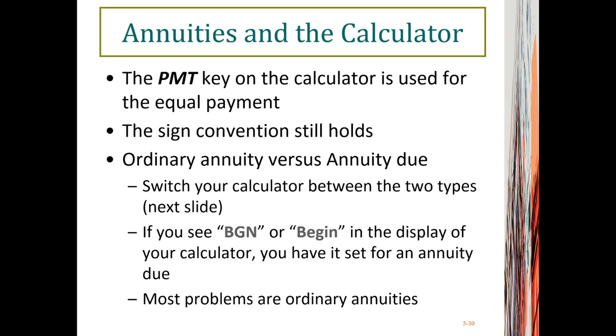That is a typical case for annuities and for most finance problems. But sometimes you need to deal with annuity due. Annuity due specifies that cash flow occurs at the beginning of every time period. Calculation is very different, and you need to initiate the beginning mode on your calculator.